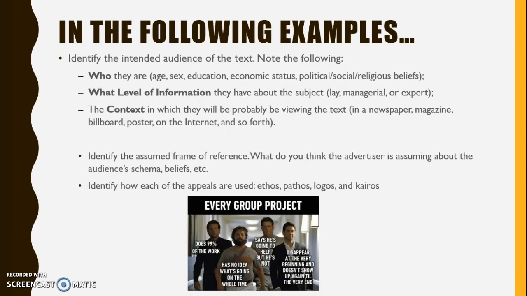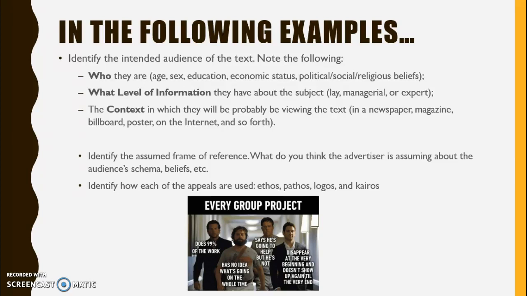So in the following examples, in order to hone our skills, we want to take a look at the advertisements in front of you, look at identifying who the audience is, use that demographic information. We want to look at the level of information they have about the subject. We want to look at the context in which that subject's being found. After we've done those three things, then we want to look at the frame of reference.